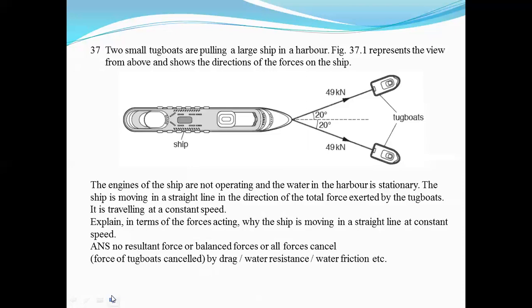Explain in terms of forces acting why the ship is moving in a straight line at constant speed. The reason is that the forces exerted, they are balanced forces. Whenever we have constant speed, the forces are balanced. When forces are balanced, there is no resultant force. Or you can say that the forces exerted by the tugboats are equal and opposite to the water resistance exerted in the backward direction.